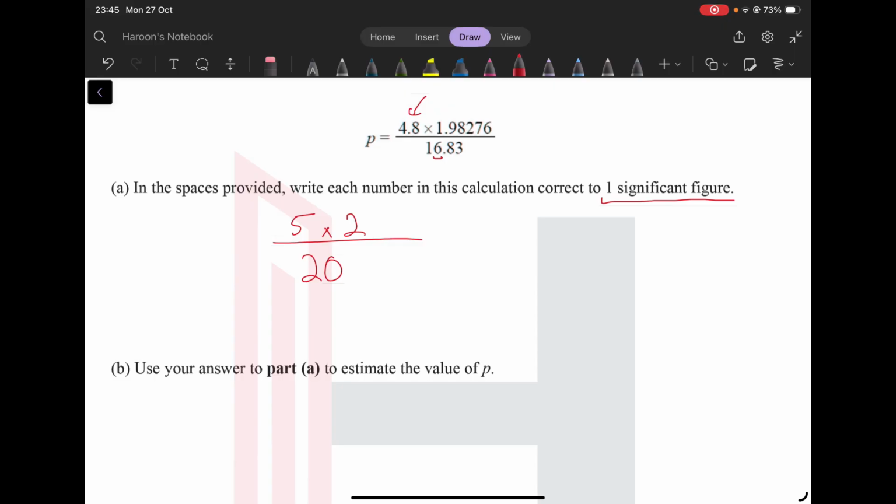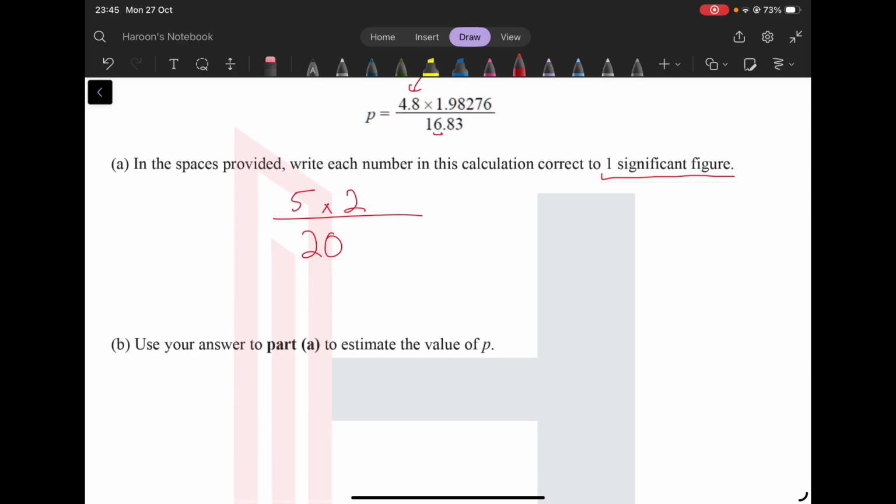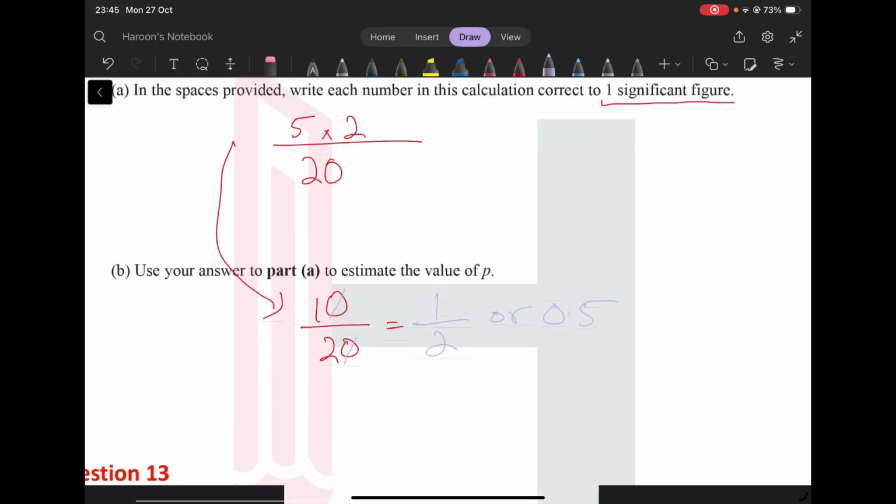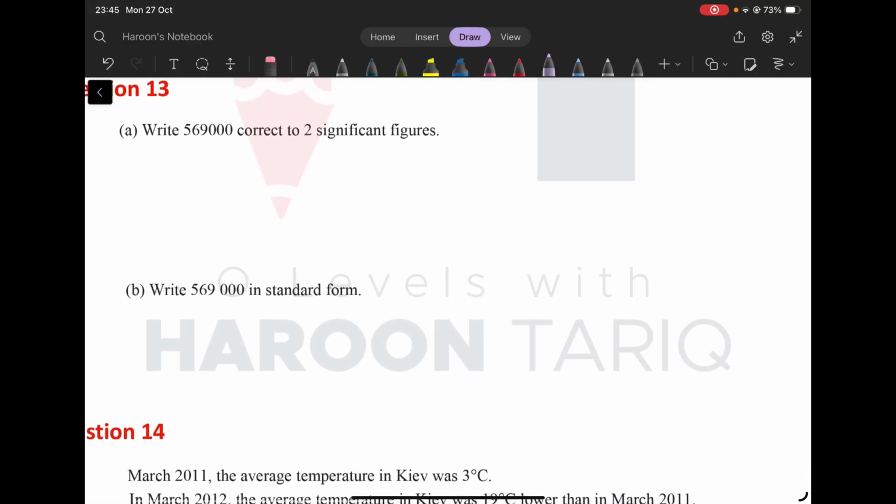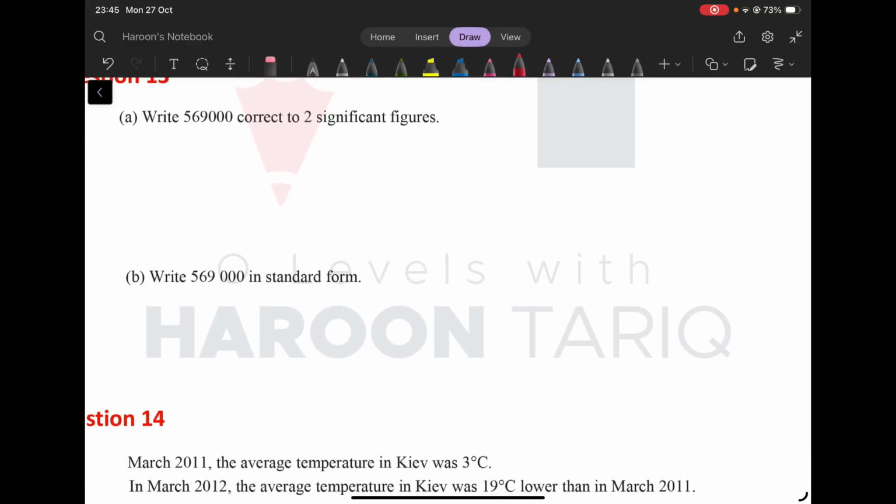Now in the next part, I actually need to solve this. 5 times 2 would actually be 10. I'm just solving this part over here. And divide by 20. We can cancel out the zeros. This 0 cancels out with this. 1 divided by 2. Or you can write 0.5 as well. This is the answer. Now write this correct to two significant figures. Now my second significant figure is this 6.